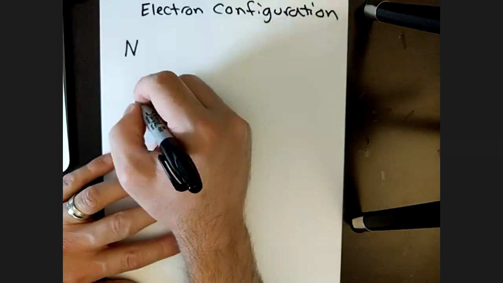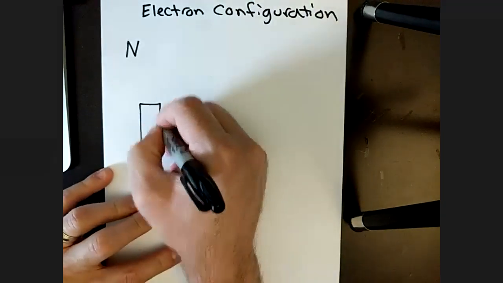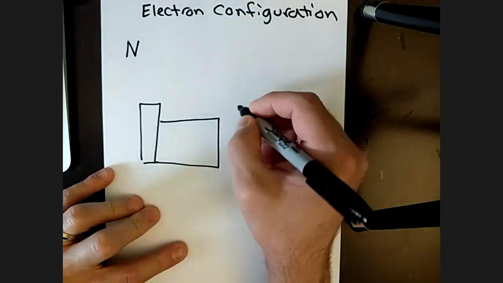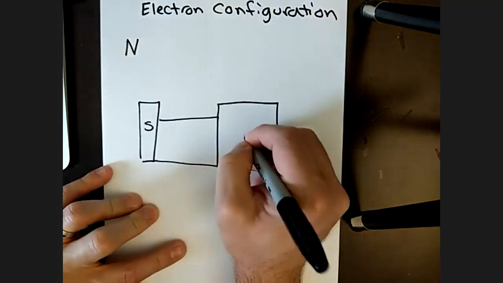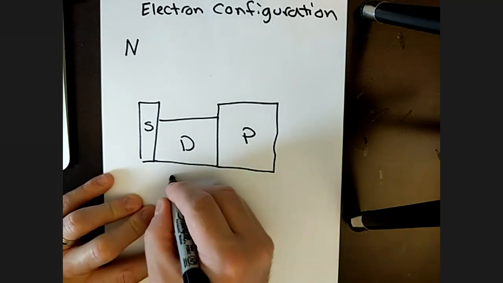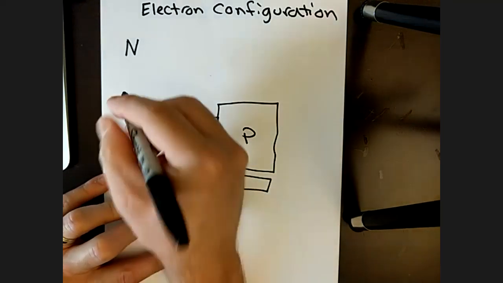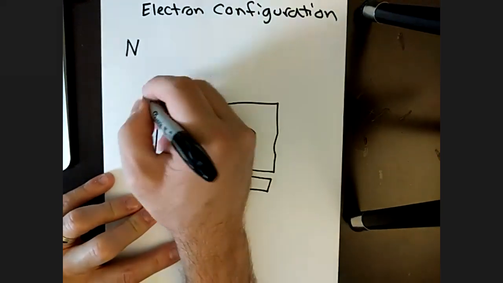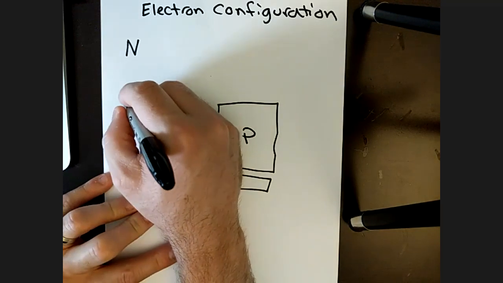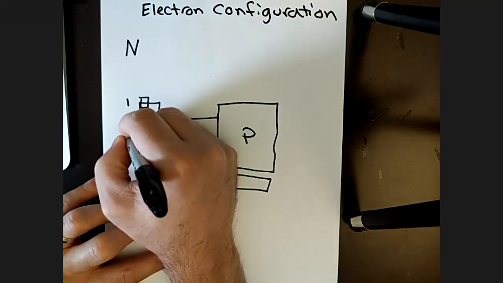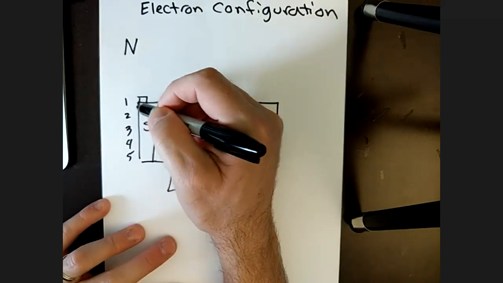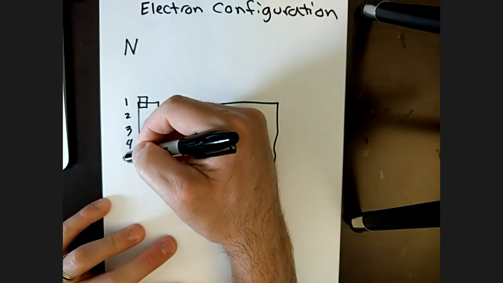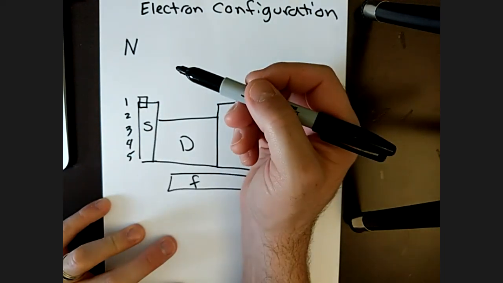If we look at the periodic table, hydrogen is right here, in the first energy level. The numbers down the side of the periodic table indicate energy levels.